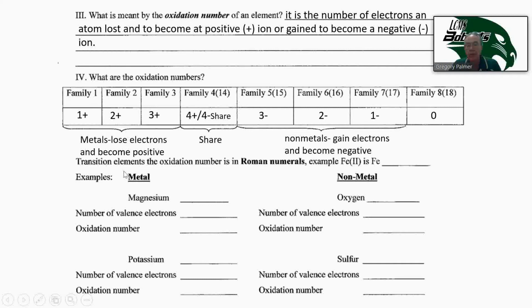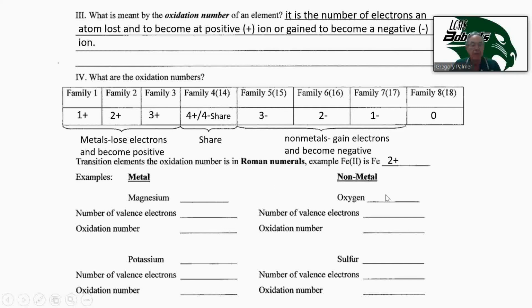In the 8th grade, we don't often spend much time on transition elements, but sometimes you'll see a transition element and its oxidation number is indicated with a Roman numeral like I put here. So it says Fe Roman numeral 2. That means that it's an Fe2+, because it's a metal, and remember the metals become positive ions.